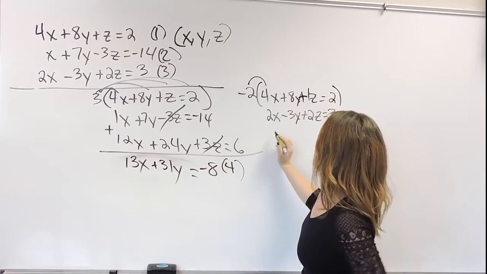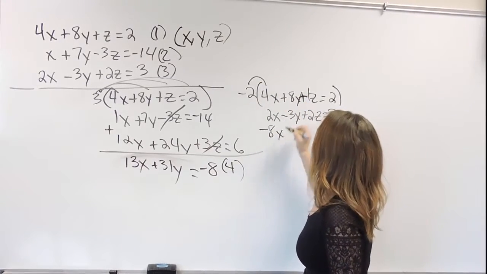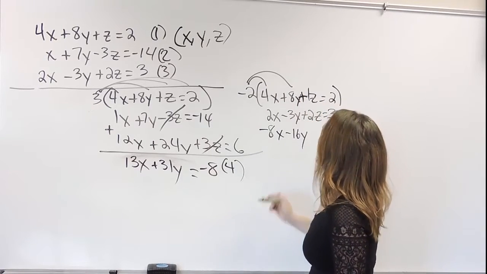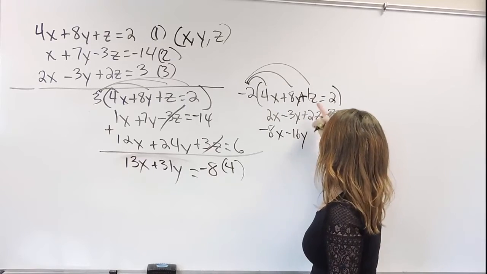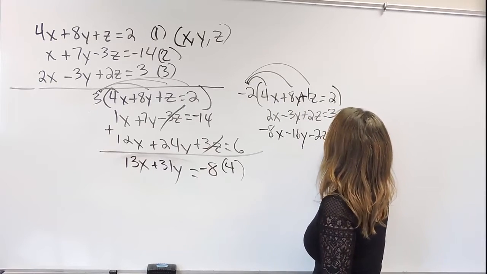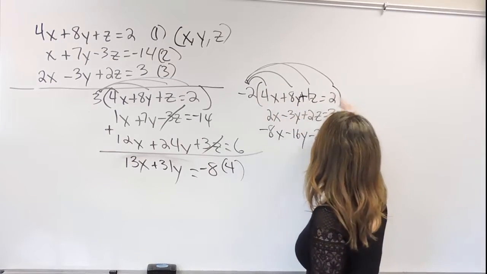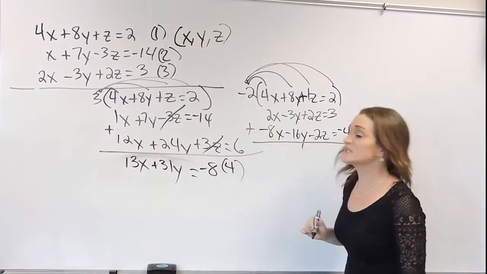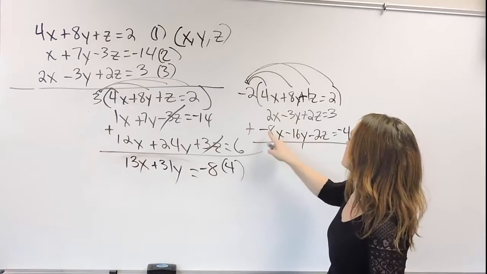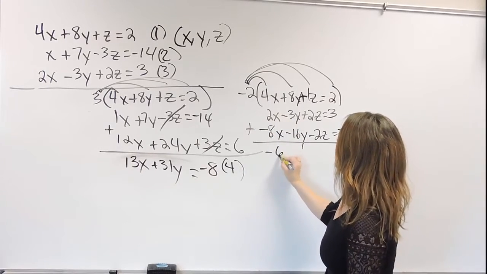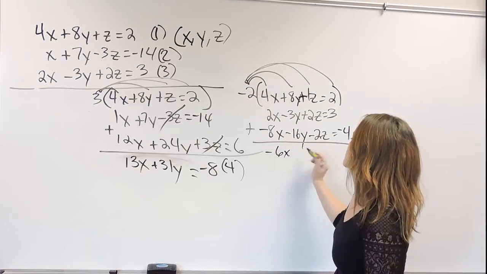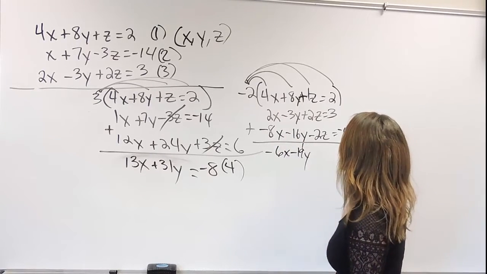Negative 2 times 4x is negative 8x. Negative 2 times 8y is negative 16y. Negative 2 times 1z is negative 2z. Negative 2 times 2 is negative 4. Add these two equations up. 2x plus negative 8x is negative 6x. Negative 3y plus negative 16y is negative 19y.